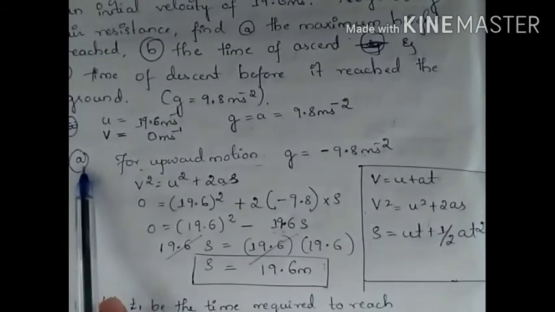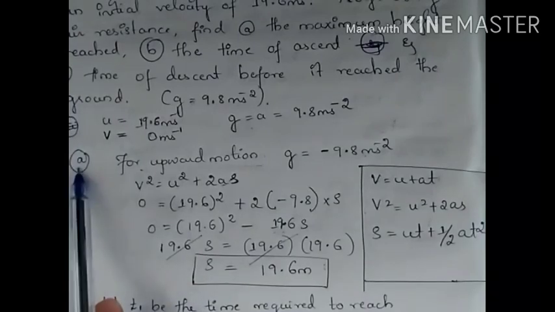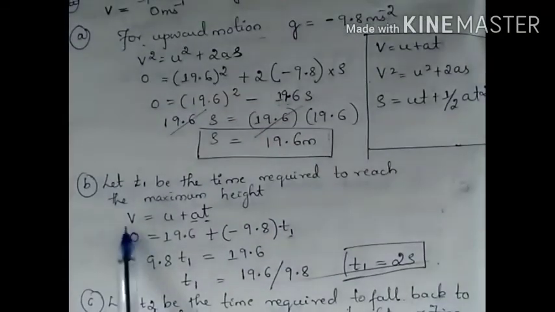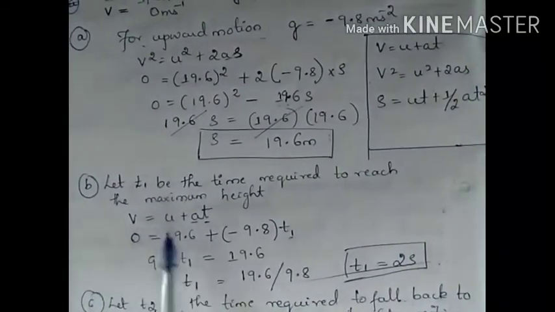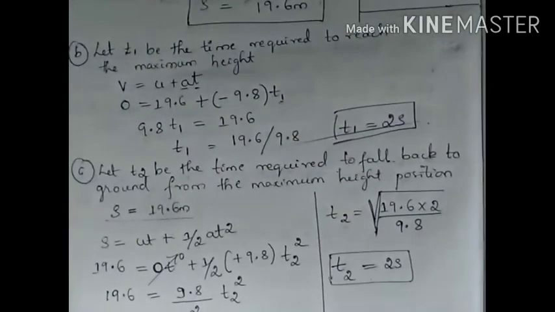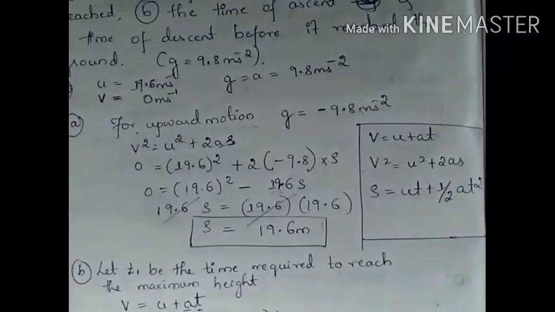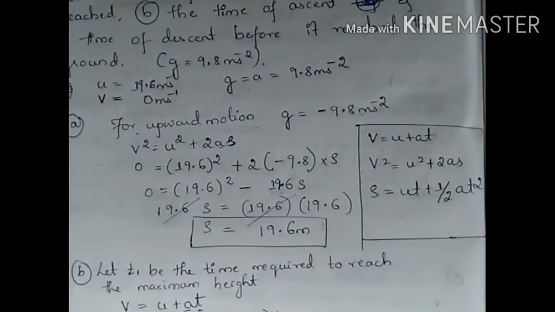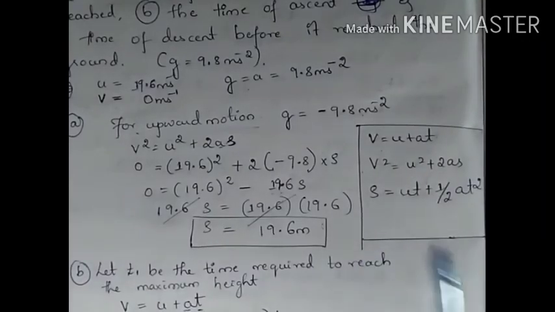So if you see, for the first part, I have used v square is equals to u square plus 2as, and for the second I have used v is equals to u plus at, and for the third I have used s is equals to ut plus half at square. So from the data you will understand which equation to use, and this is important to be learnt.